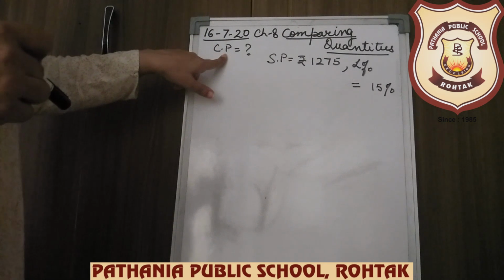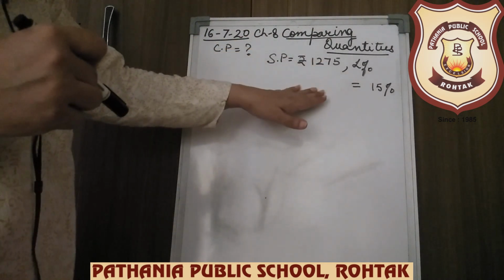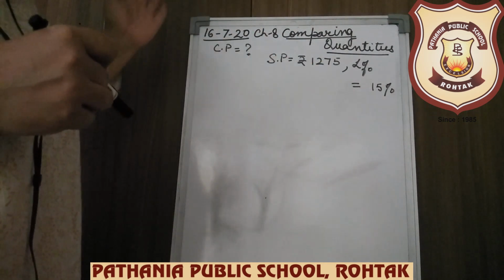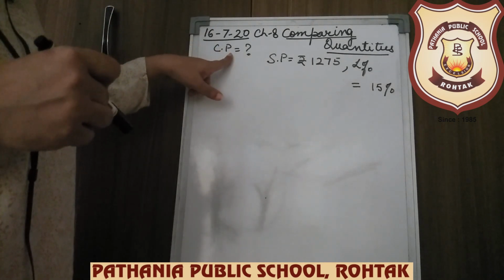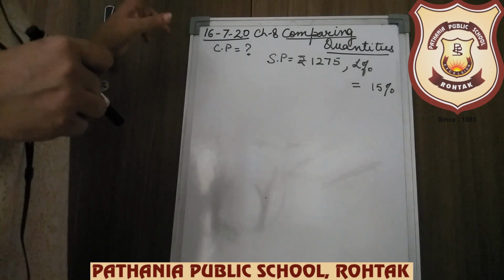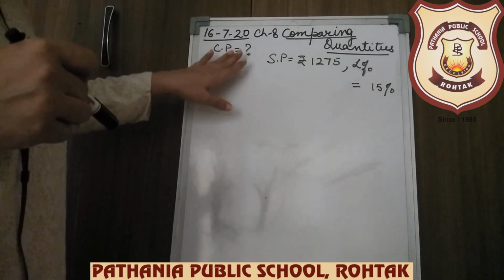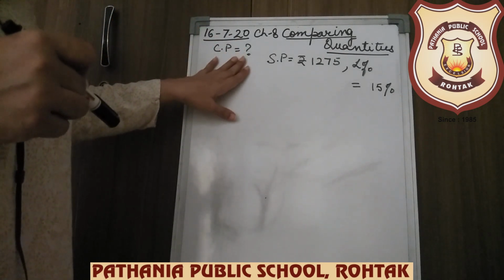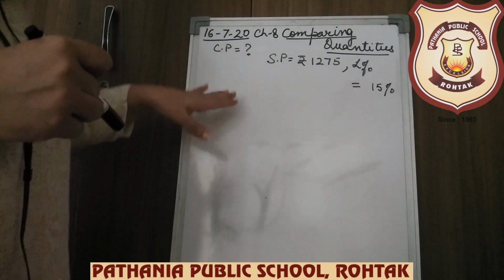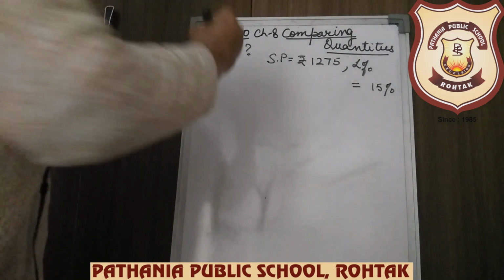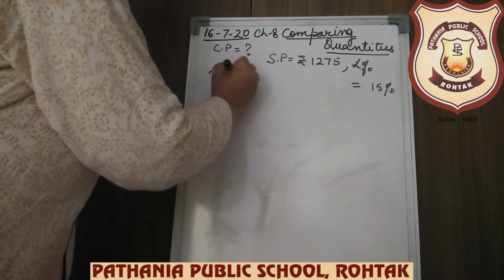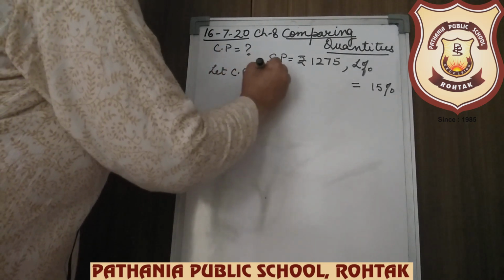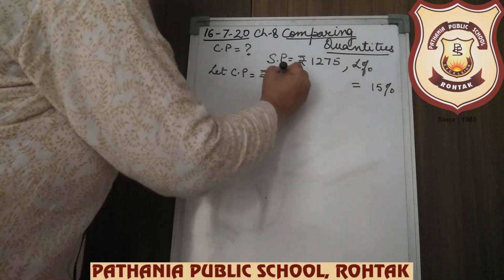Here you cannot calculate loss as you calculated in the previous question because you don't have CP here. This sum can be done by two methods. One by taking the value of X as a variable or taking it as rupees 100. First I will do this: let CP be equal to rupees 100.